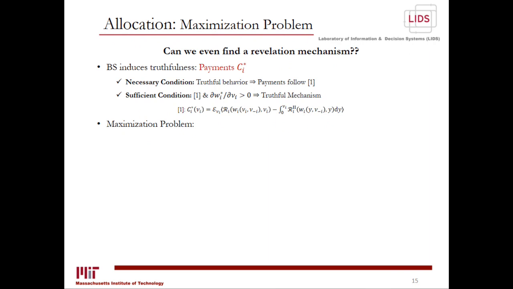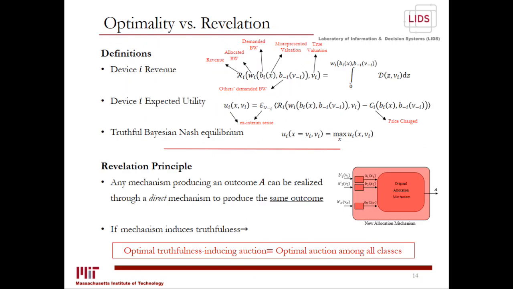Okay, so the idea is, basically, these devices have valuations, and these valuations are not known to each other, nor to the base station. The revelation principle that I discussed right here doesn't even say that the base station has to know the valuations, or that the devices have to reveal their true valuations.